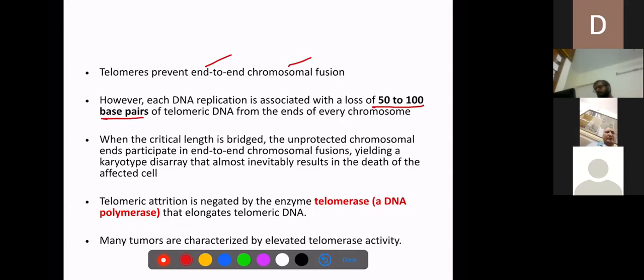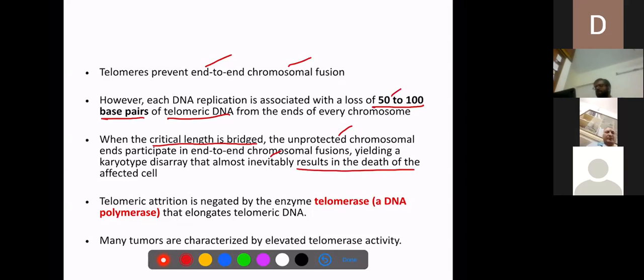So every time a division occurs, there is a loss of 50 to 100 base pairs of the telomeric DNA. When they reach a critical length, the unprotected chromosomal ends participate in chromosomal fusion, yielding a karyotype disarray that almost inevitably results in death.